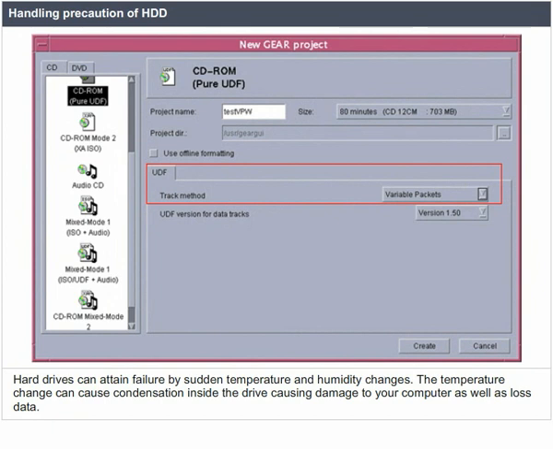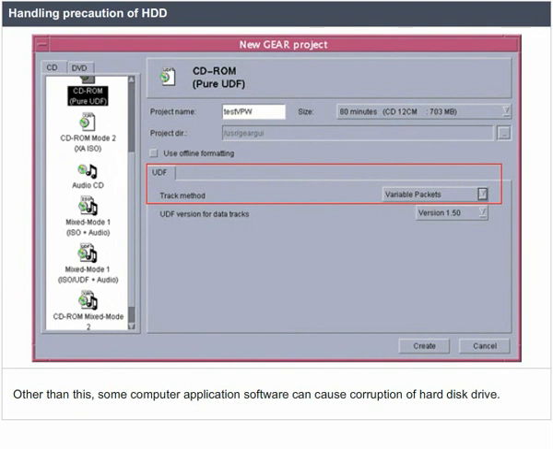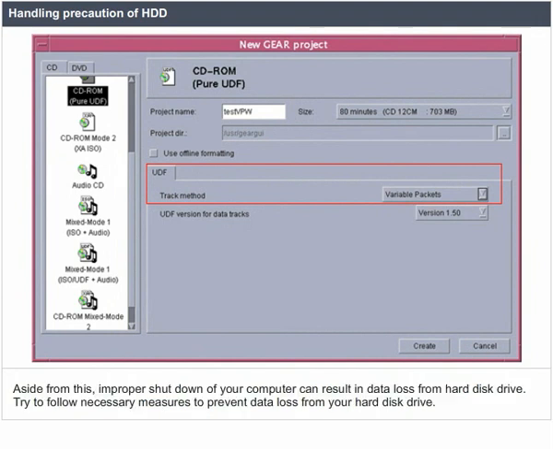The temperature change can cause condensation inside the drive, causing damage to your computer as well as loss of data. Other than this, some computer application software can cause corruption of the hard disk drive. Aside from this, improper shutdown of your computer can result in data loss from the hard disk drive. Try to follow necessary measures to prevent data loss from your hard disk drive.